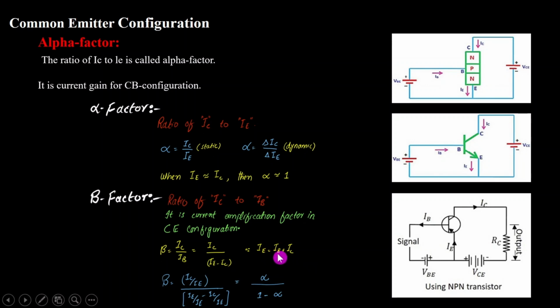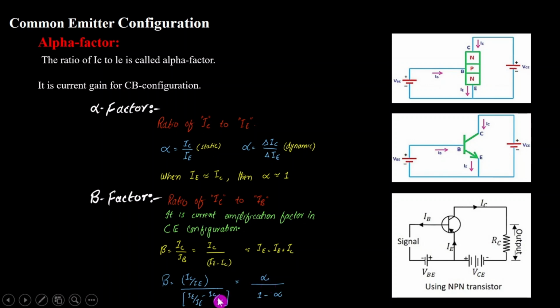From here, IB is equal to IE minus IC, so instead of IB I put IE minus IC. Now we divide by IE in the numerator and also in the denominator. On top, IC divided by IE is equal to alpha.